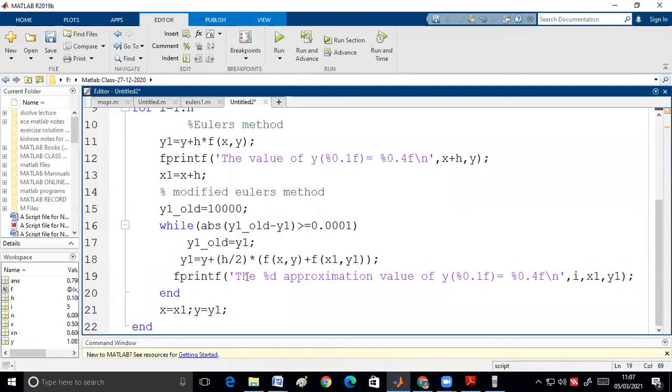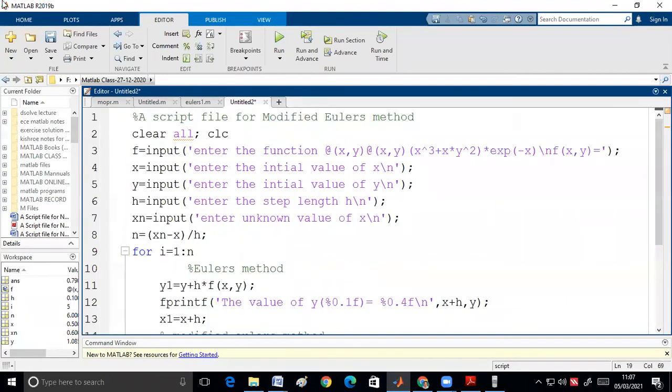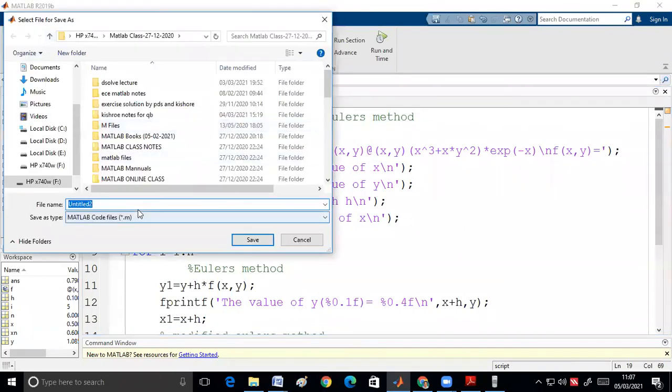After finding x1 and y1, just replace them by x and y. I will repeat again, observe. Again, I will explain, don't worry.